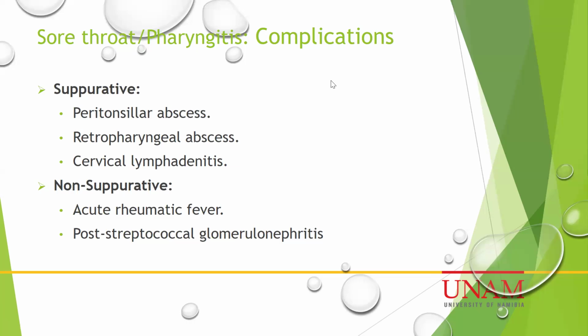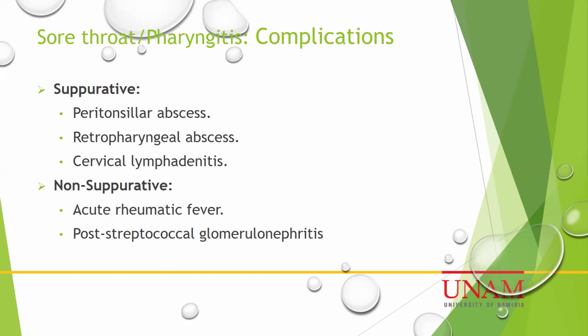All right, so for the suppurative, we have the peritonsillar abscesses. All right, we can have retropharyngeal abscesses. These are very terrible complications which can lead to airway loss, and sometimes this can actually be life-threatening. We have cervical lymphadenitis.